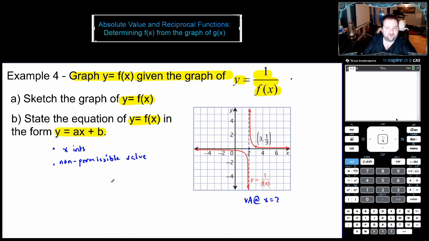And so that tells us that g of x might look something like this, 1 over x minus 2. And why x minus 2? Because when we set our denominator equal to 0, you get x cannot equal 2. And so we think it might be something like this.